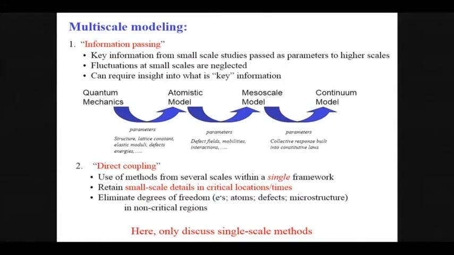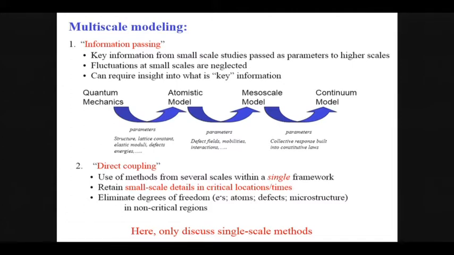Or you find that you can't really clearly separate the two scales, so you have to deal with them simultaneously. Okay? So if you run into that problem, you really have to think about methods that deal with multiple scales simultaneously. For the moment, we're just going to try to introduce these different levels of description without worrying about multi-scale direct coupling. We'll talk a little bit about that at the very end of the day.